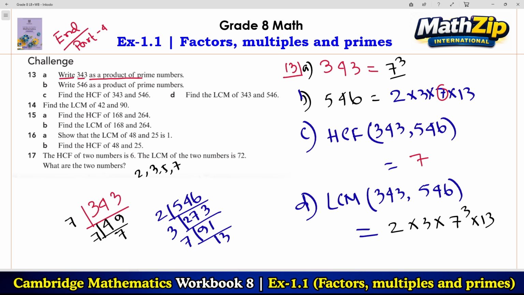Now what will be the answer? We can use a calculator. 2 times 3 is 6, 6 times 13 is 78, times 7 cube, which means 343, so it will be 26754. The answer is 26754. Okay, so question 13 is done.